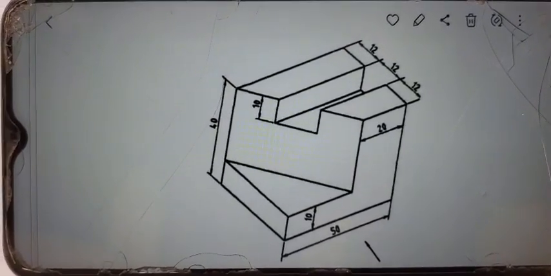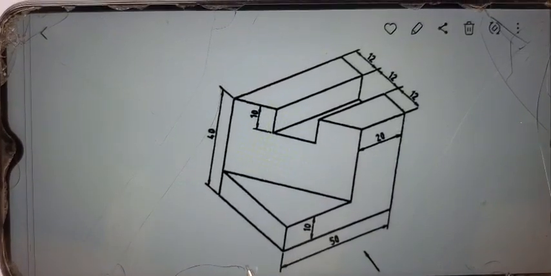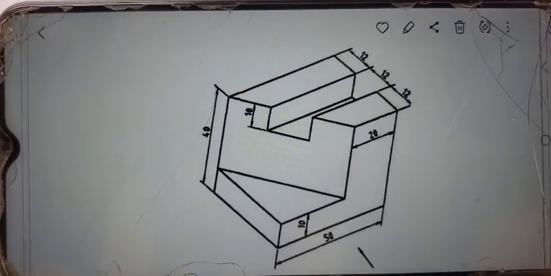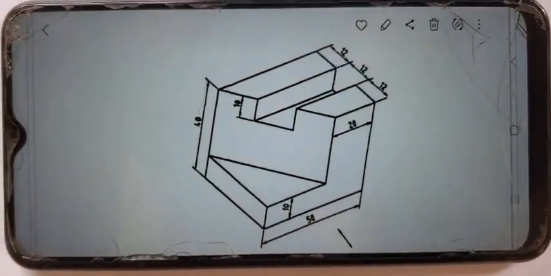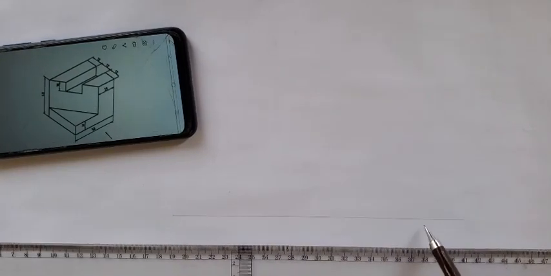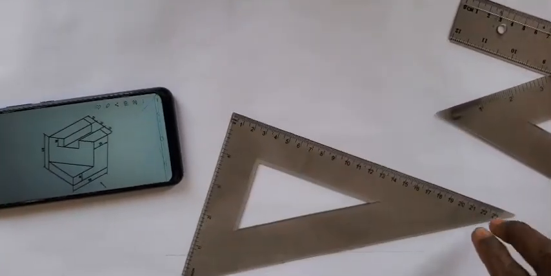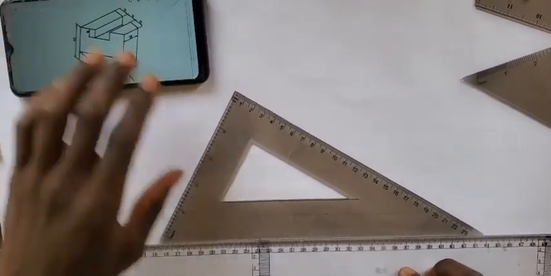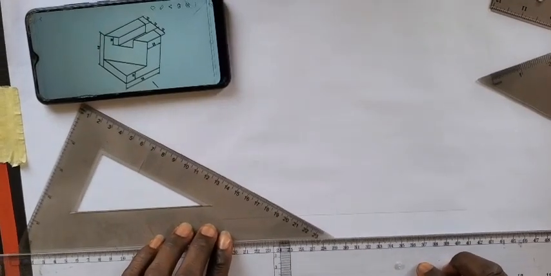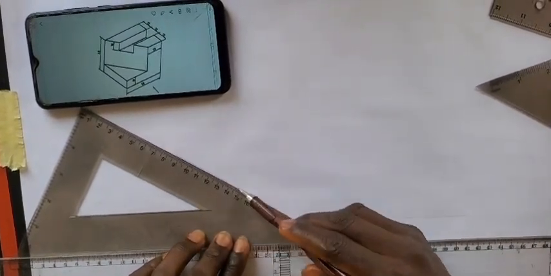Now, we want to draw this isometric block here. We see that we need to get a baseline, a starting line. Okay, I'm going to rule my starting line here. So we rule a baseline where we are going to start our drawing. Now we put our 30-degree set square in such a way that we get our 30 degrees on the line with a faint line.